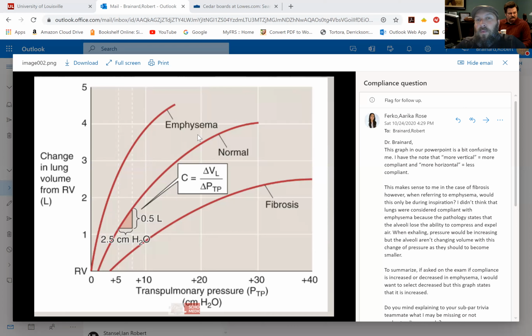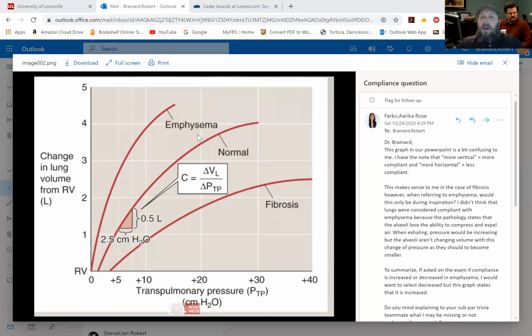And I think what needs to be clear is that as you get to these larger lung volumes, you see a decreasing compliance, whether it's emphysema, normal, or fibrosis, simply because those alveoli are already stretched to the max or close to max. And so it takes a lot larger transpulmonary pressure change to elicit a volume change.